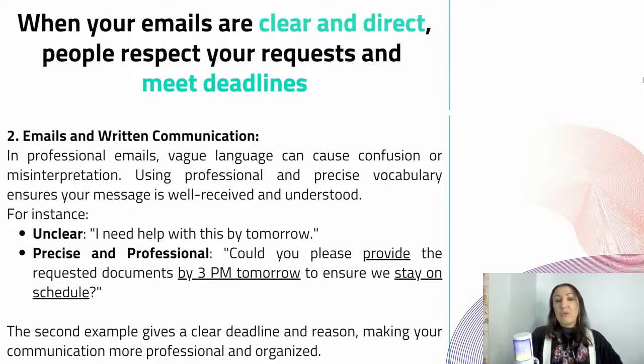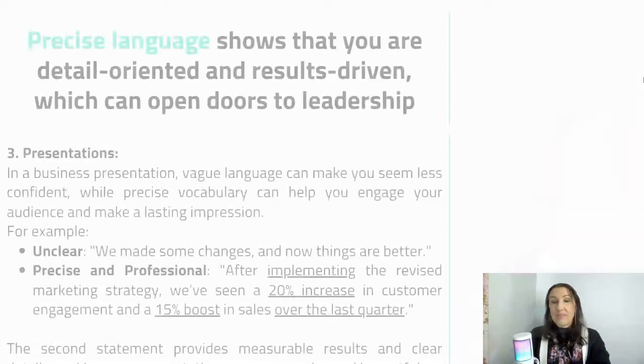If you want to be more precise and professional, you're going to say, could you please provide the requested documents by 3 p.m. tomorrow to ensure we stay on schedule. If you use provide and an exact time, people understand what you want. There is a clear deadline and a clear reason why that needs to be done. You are making your communication more professional. You sound more organized, really.